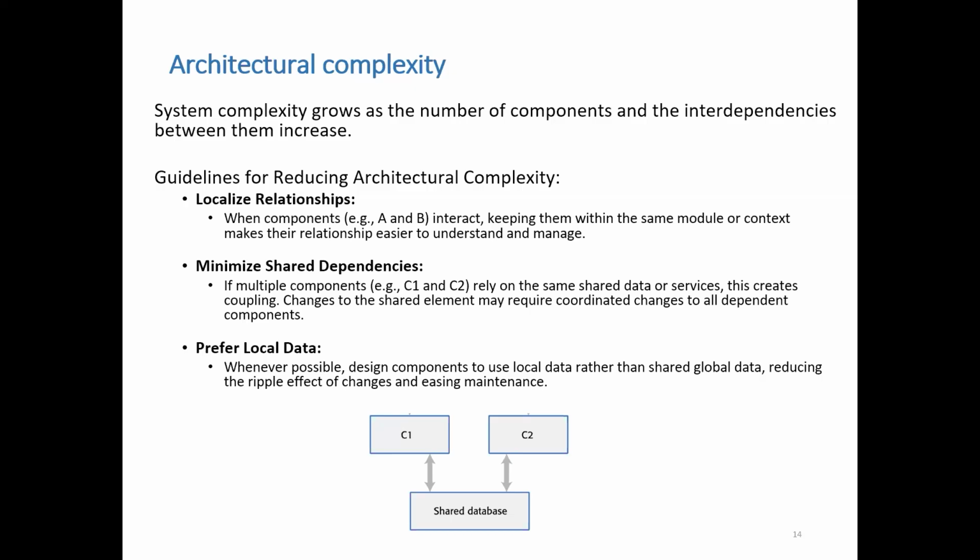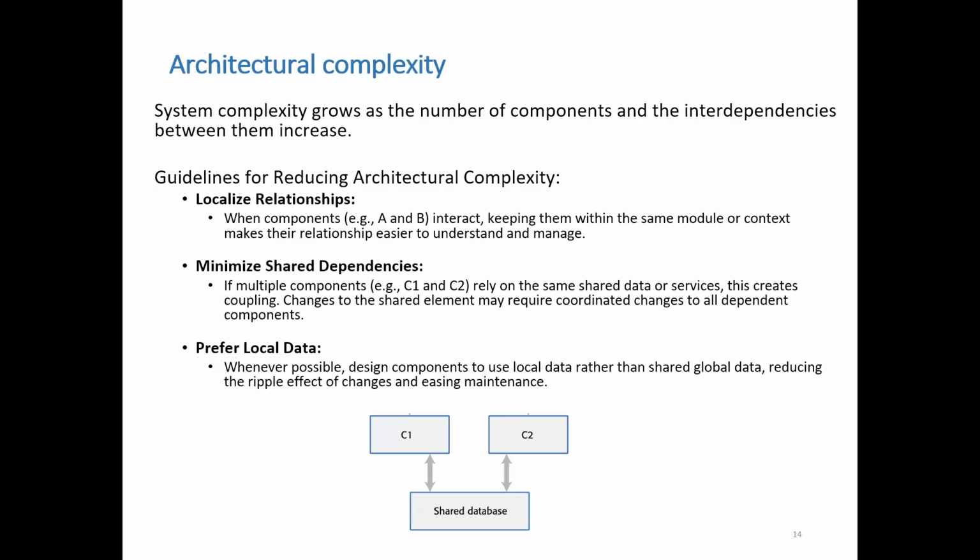One smart design principle is to localize relationships. If two components, let's say A and B, interact frequently, it's best to keep them close together, ideally in the same module or package. This makes the architecture easier to understand and reduces the cognitive load for future developers.